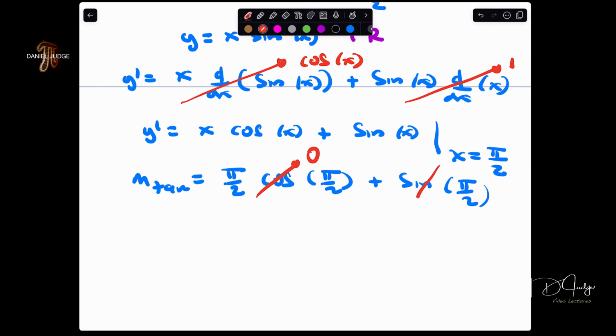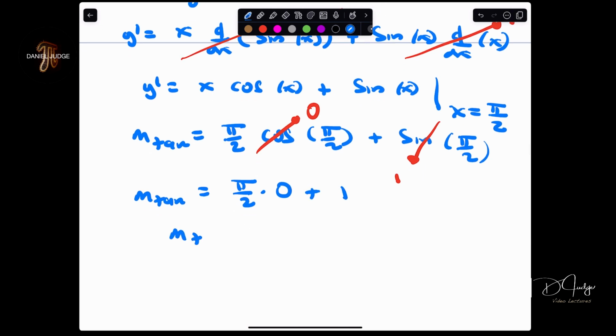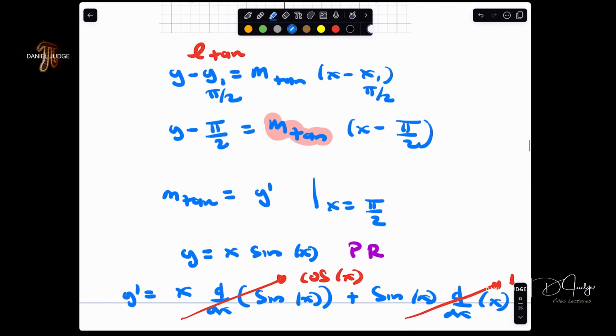And then sine of 90 degrees, okay, is 1. So your m tangent becomes pi over 2 times 0 plus 1, or m tangent is 1. Okay, ladies and gentlemen, m tangent is 1.